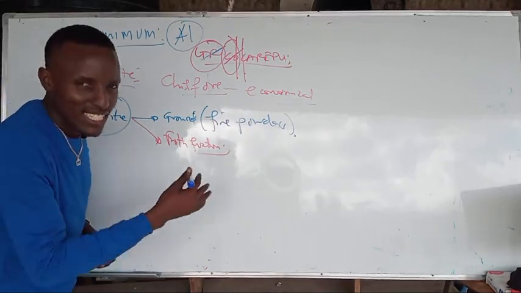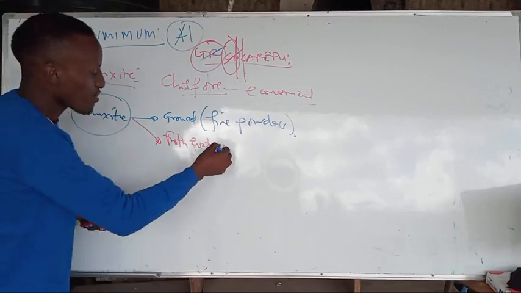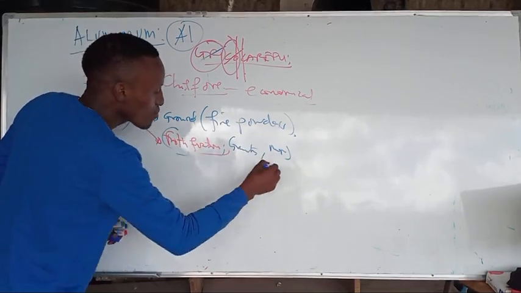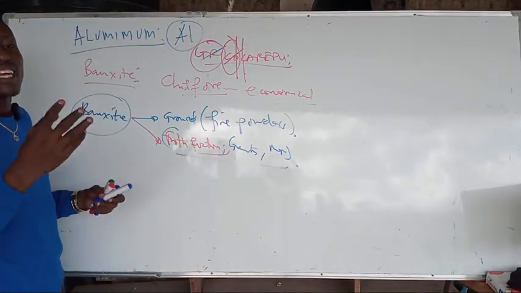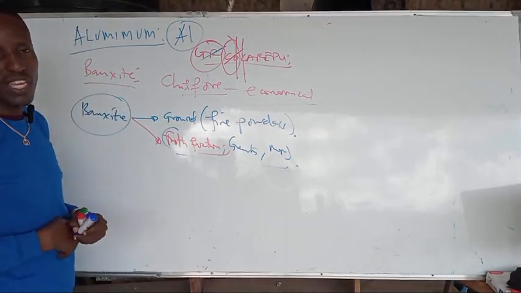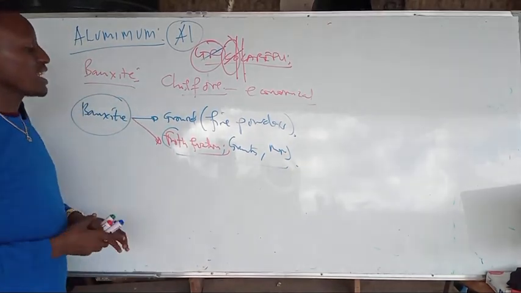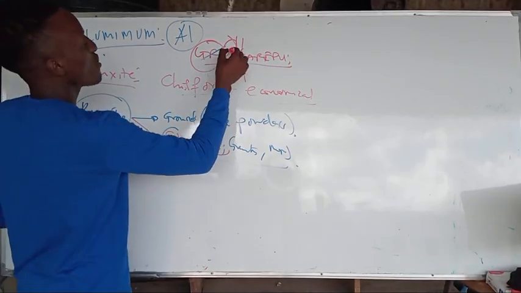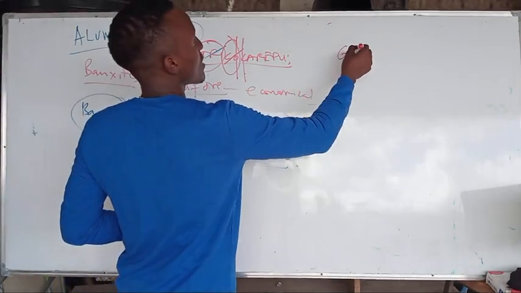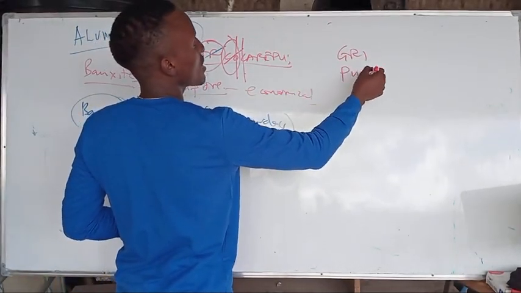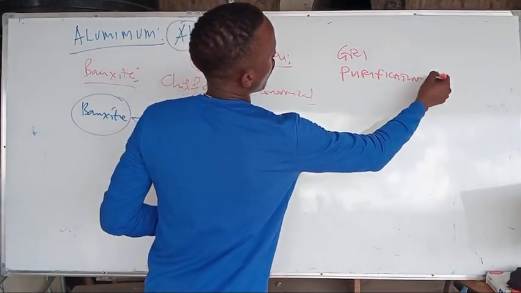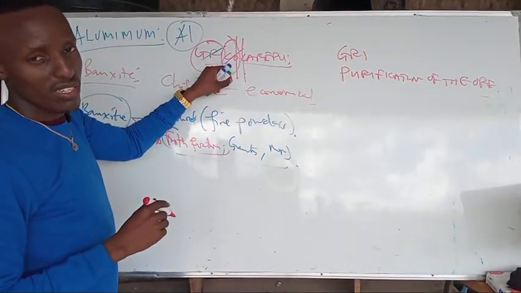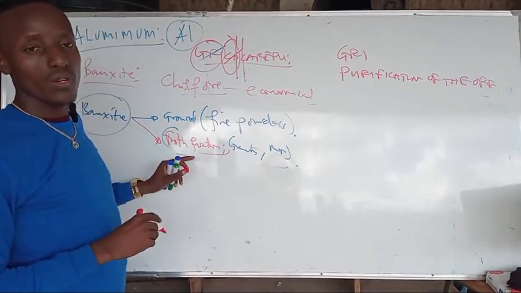But the second step, which would be froth, gravity or magnetic methods, we omit. So here, after grinding, it is the purification of the ore instead of concentration. We don't use gravity or whatever.